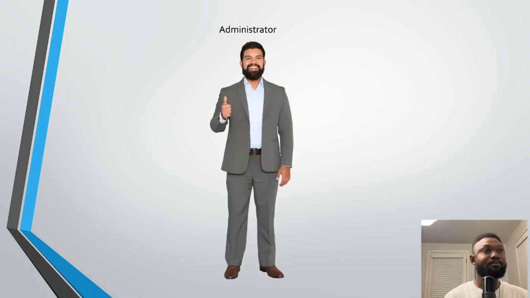So let's say we have this guy here. Let's say this guy is an administrator. When we hire this guy to be an administrator, one, we can create a policy, right?